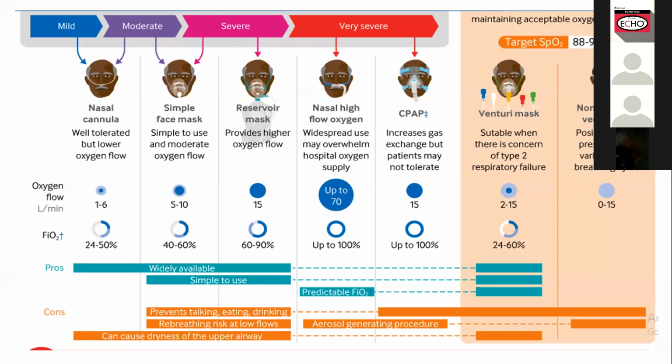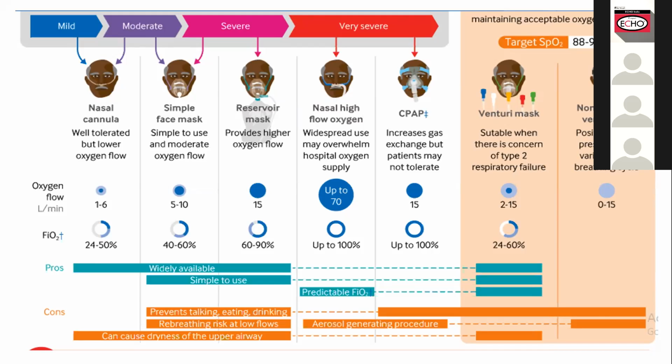For very severe disease, those who have ARDS, they need a positive pressure to recruit the lung, the collapsed alveoli. You can achieve it either by using a high flow nasal cannula, or a CPAP or BiPAP.